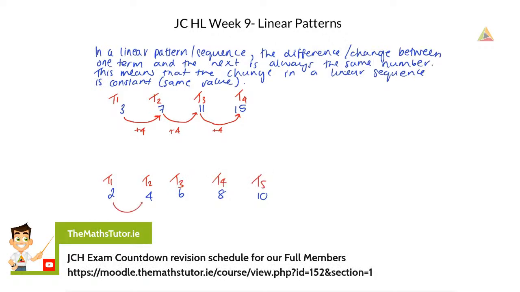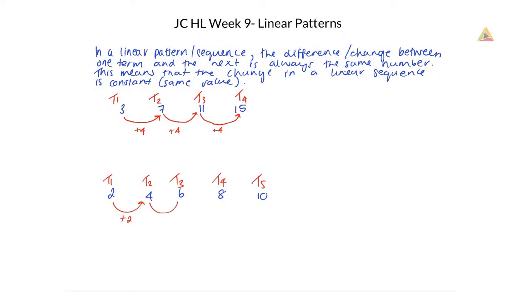Now, how did we get from 2 to 4? We added 2. From 4 to 6, we added 2. From 6 to 8, we added 2. And then from 8 to 10, we added 2. So, we've the same difference each time, and it's constant, so that is also a linear sequence. So, both of those are examples of linear patterns or sequences.